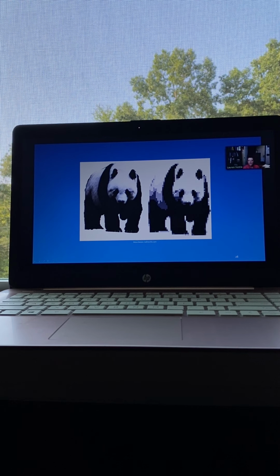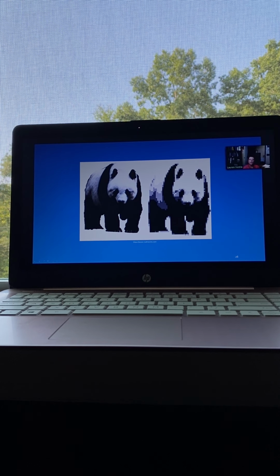How easy is it to see the details of this panda bear? Can you see the mouth in the picture on your right? No, you can't see the mouth. But here we can see the mouth. How about the toenails? Those claws? You can't see them here, but here we can.